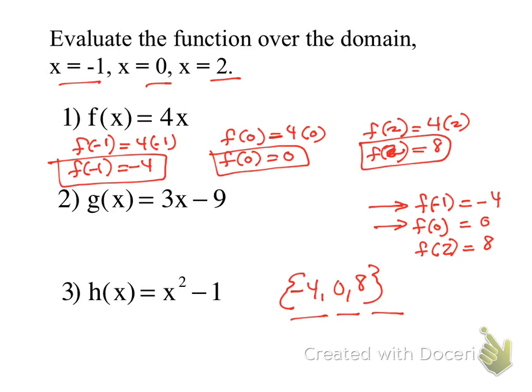The order doesn't matter if you tie it to the input, the answer. I don't care what order you put it in. But if you put this in the wrong order and you go from least to greatest and this was not given in least to greatest, you will get 3 points wrong. Do you understand? So it is best to always write your answer in function notation form, not this shortcut.